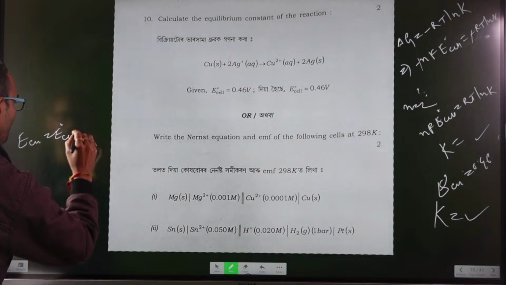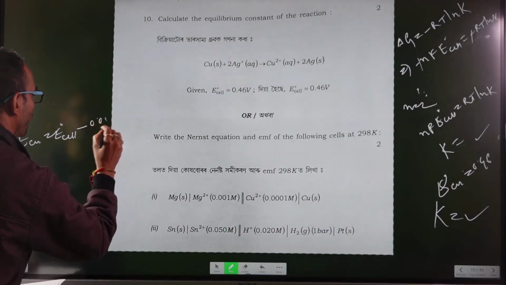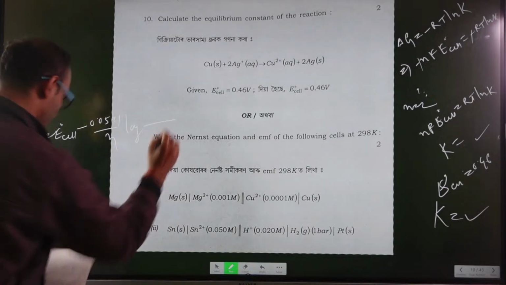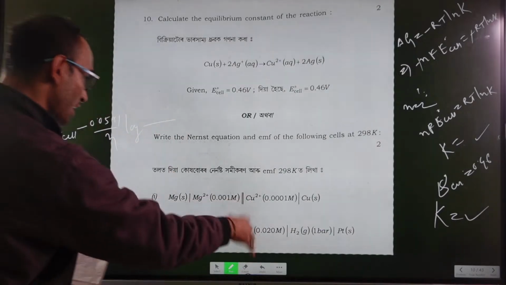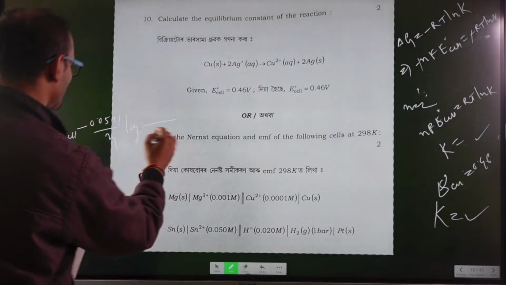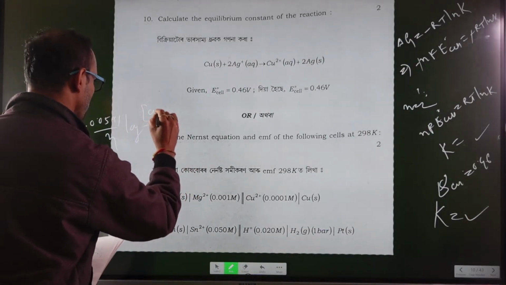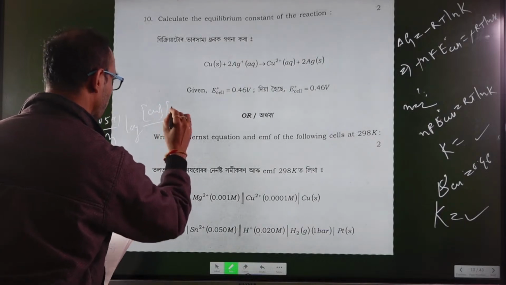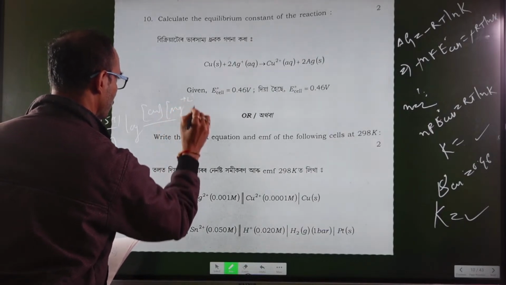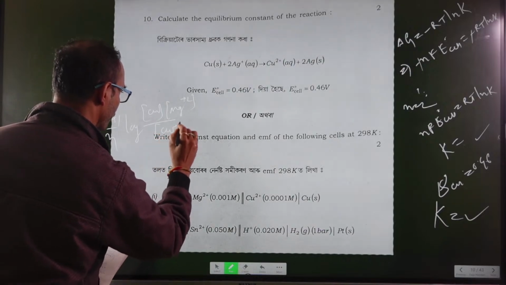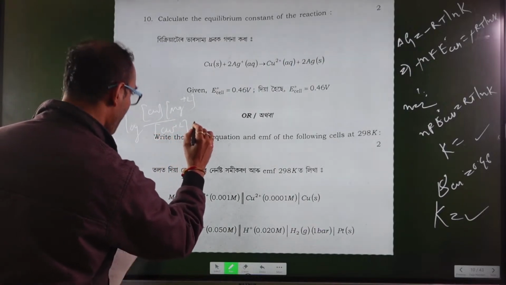Remember, E naught cell minus 0.0591 by n, log base 10 of this. This will be like that, copper, then magnesium 2 plus. In the bottom it is copper 2 plus and it is magnesium.